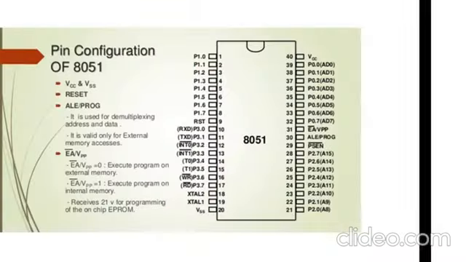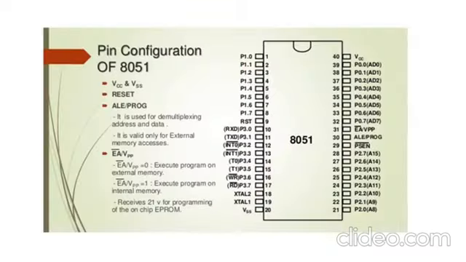Here the same things are given: 8051, VCC and VSS, reset pin. The ALE pin is used for demultiplexing address and data, and it is valid only for external memory access. So ALE is used only whenever external memory is used. Next, EA. Whenever EA is equal to 0, execute the program from external memory.